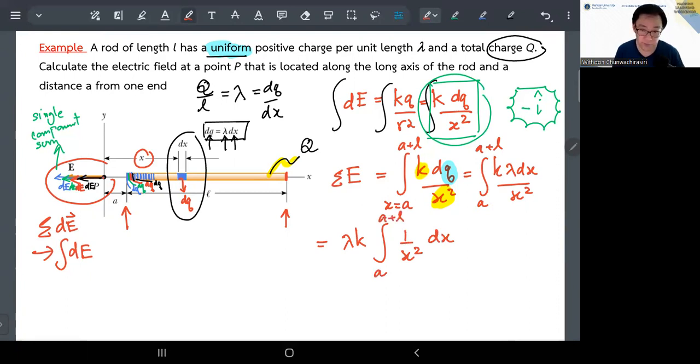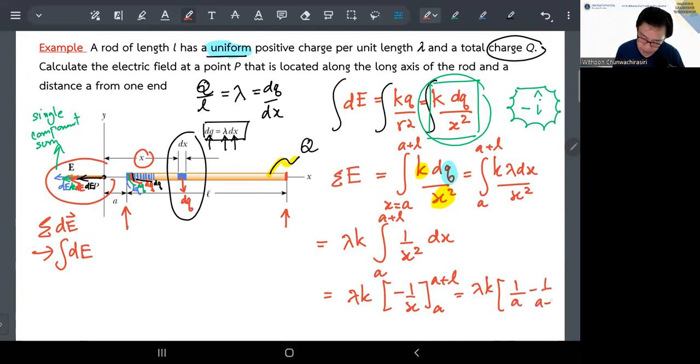Almost done. Everyone knows how to do this. The integral of 1 over x squared gives you negative 1 over x from a to a plus l. And that's it. It's lambda k times, okay, it's a negative sign, so let me put 1 over a first and then 1 over a plus l. And that's it, guys. Not bad.